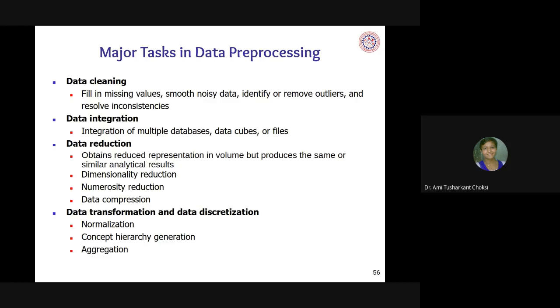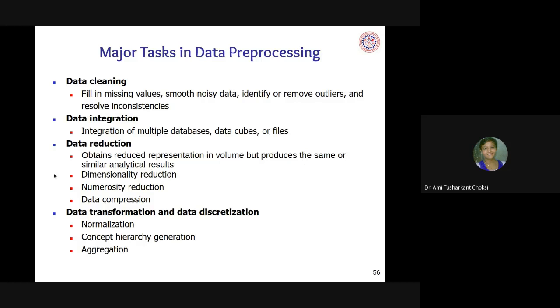But when we reduce it without considering the principle of data reduction, we'll get a result which is of no use. The principle says we should obtain a reduced representation in volume, but it should produce the same or similar analytical results. Otherwise, we should not apply such a data reduction technique.